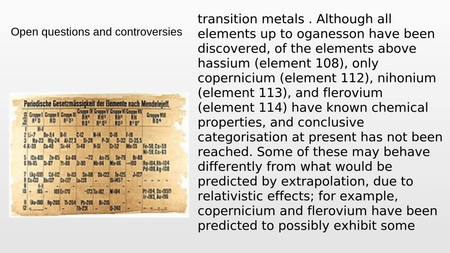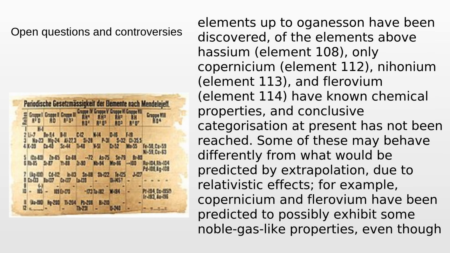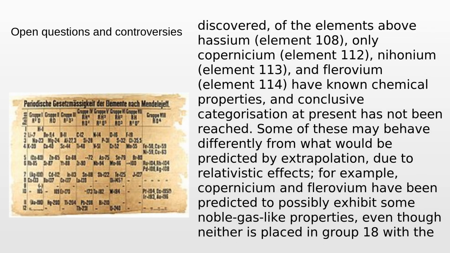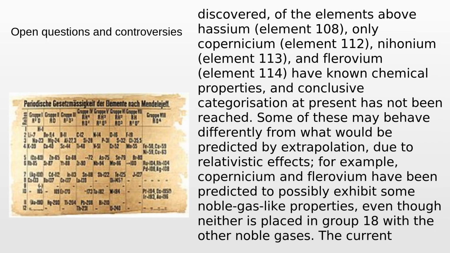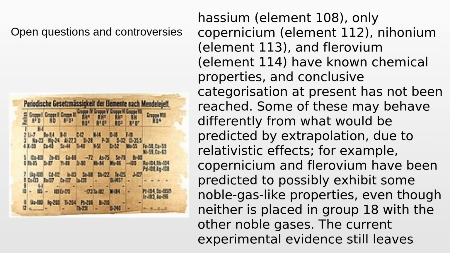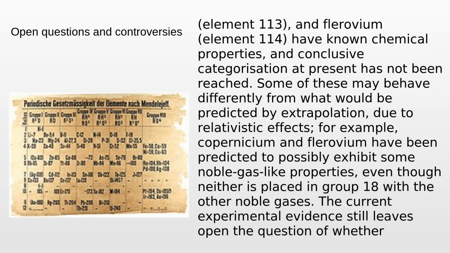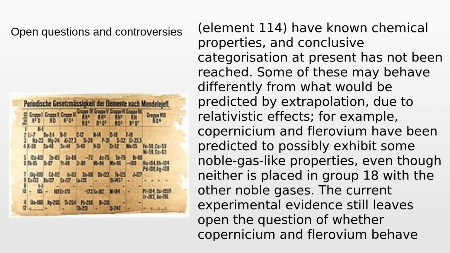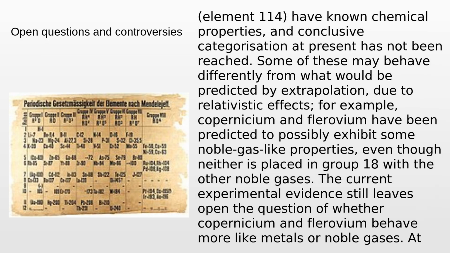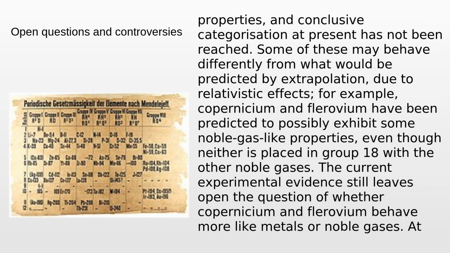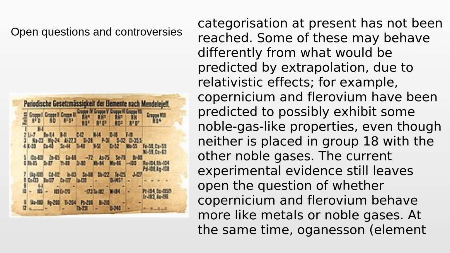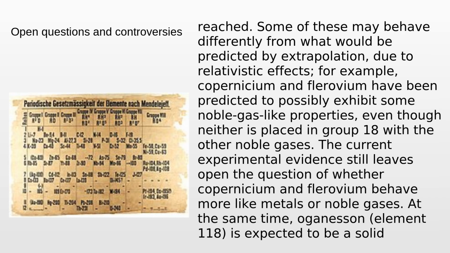Although all elements up to oganesson have been discovered, of the elements above hassium, element 108, only copernicium, element 112, nihonium, element 113, and flerovium, element 114, have known chemical properties, and conclusive categorization at present has not been reached.